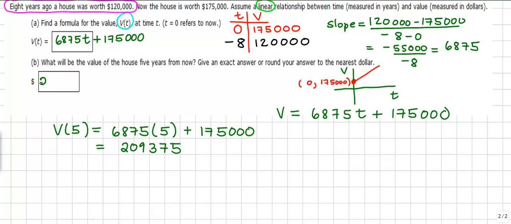This one turned out to be exact, so we're good. And just to recap, I knew that this was the equation of a line type problem because they use the word linear in the relationship.